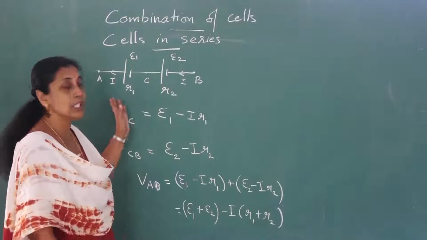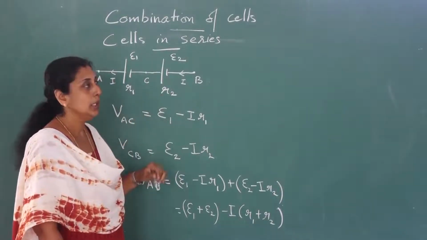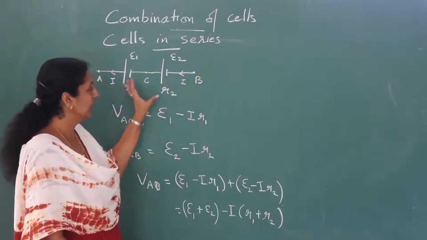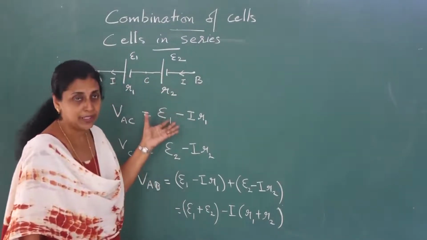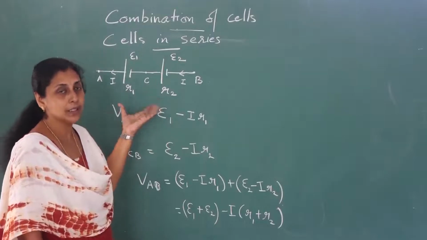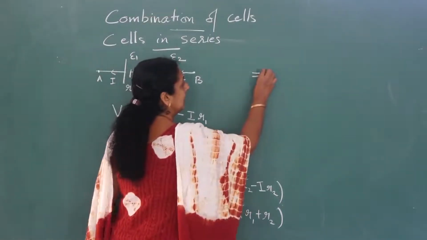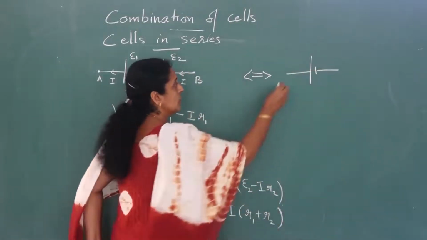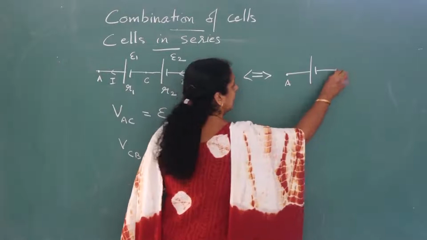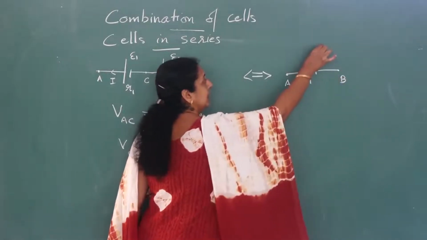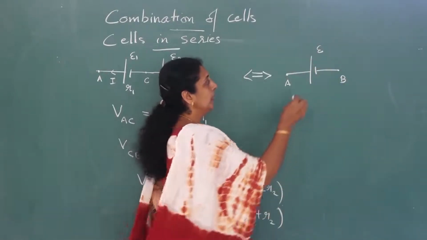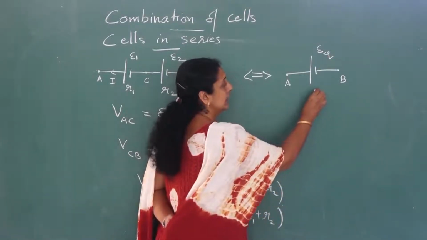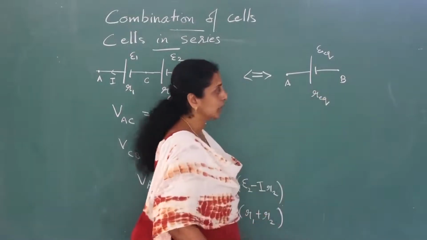Now, instead of the combination of cells, if we replace this with an equivalent combination, which gives the same effect as having the two cells connected in series, let us say the equivalent combination is this. This terminal is A and this terminal is B. The effective EMF is given by E equivalent and the effective internal resistance is given by R equivalent.